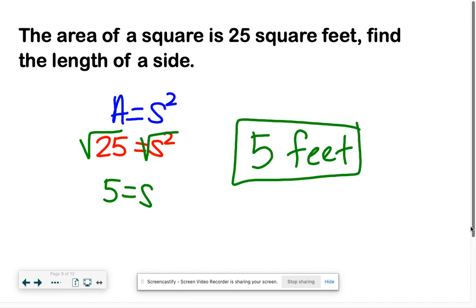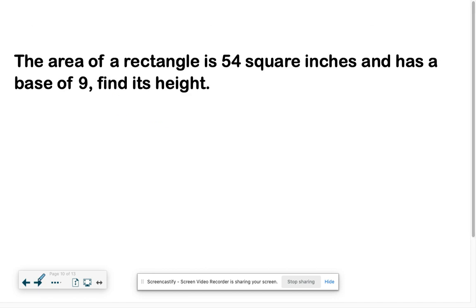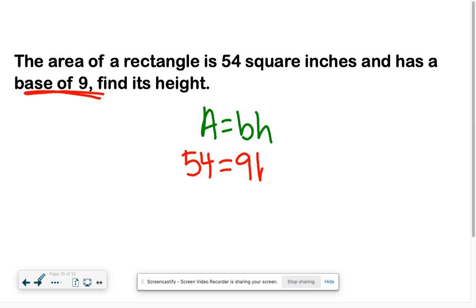Okay, now let's try a rectangle. It says the area of a rectangle is 54 square inches and has a base of 9. What is its height? So again, I'm going to start with our formula. Then we can plug in what we know. What is our area? 54, so that's our A. We know our base is 9, and we're looking for our H. So divide by 9.